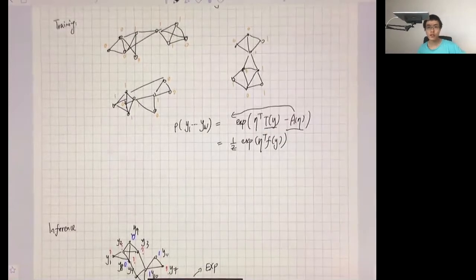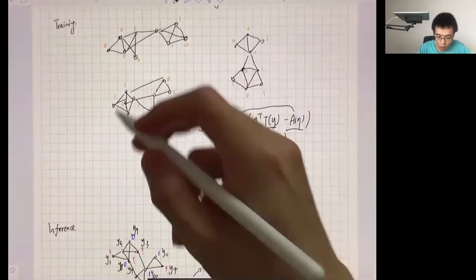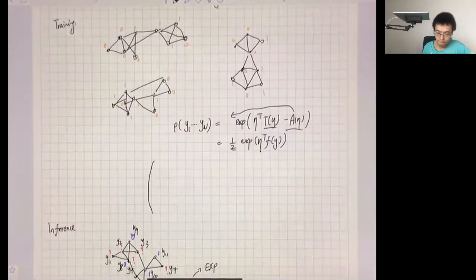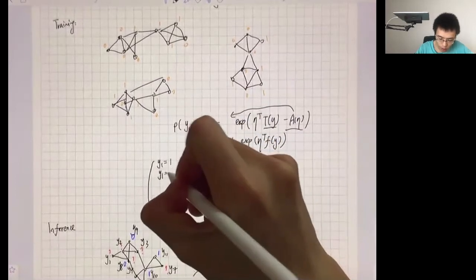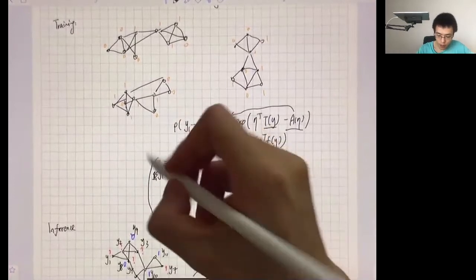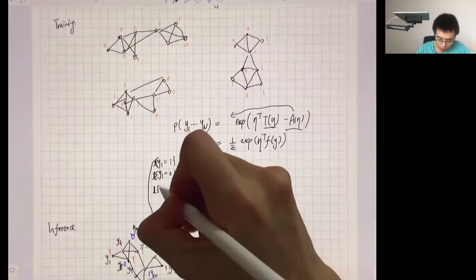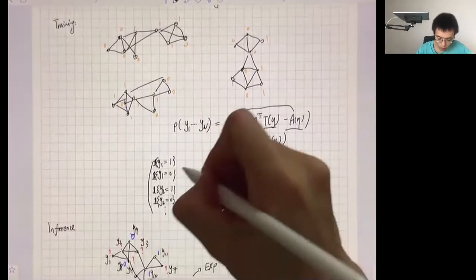So the intuition is, first, you have the bias. Maybe more people are supporting party 1 instead of party 0. Second, if people have an edge, it's likely they have the same polarity. So I would say my feature f of y includes y1 equals 1, y1 equals 0, and y2 equals 1, y2 equals 0, and so on and so forth.